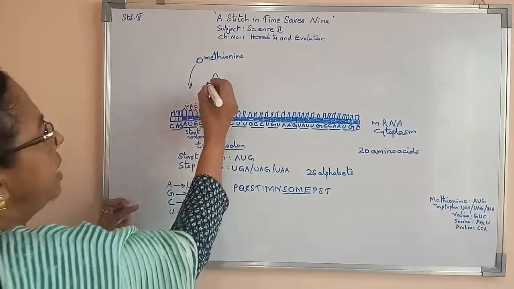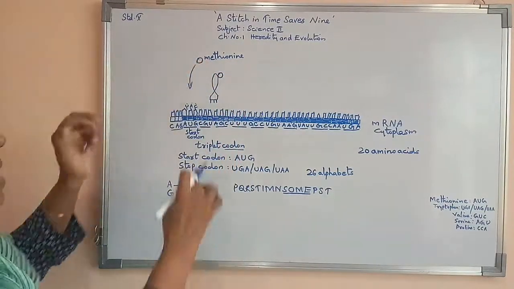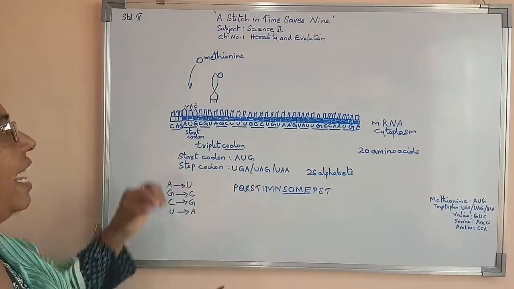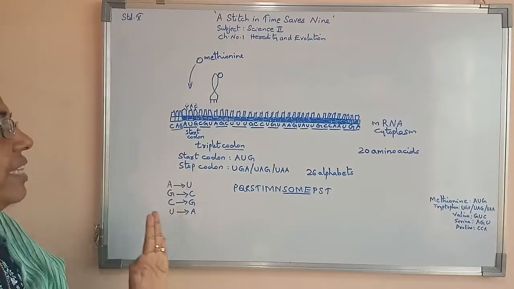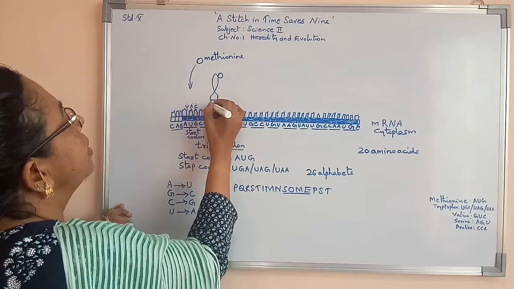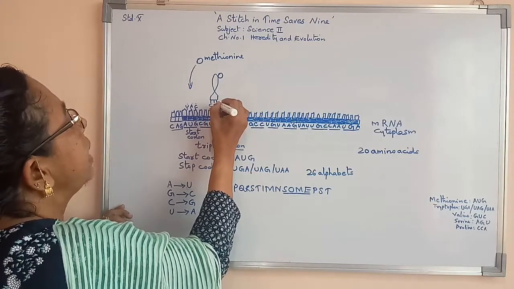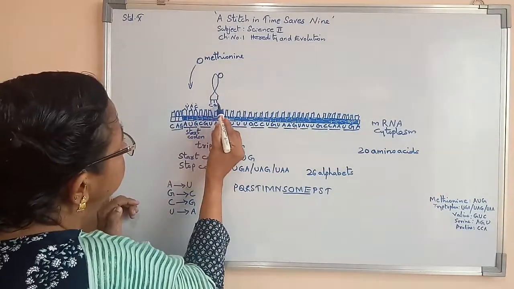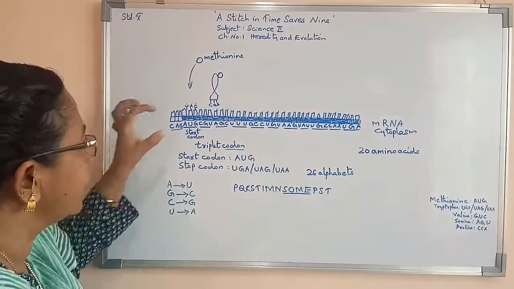Along with that, there will be the formation of one amino acid. This transfer RNA will carry a suitable amino acid along with it. Then here also an anticodon will be there, any letters may be there. I am writing here C, G, A. One anticodon I have written here. Now matching to this, it will search and read.